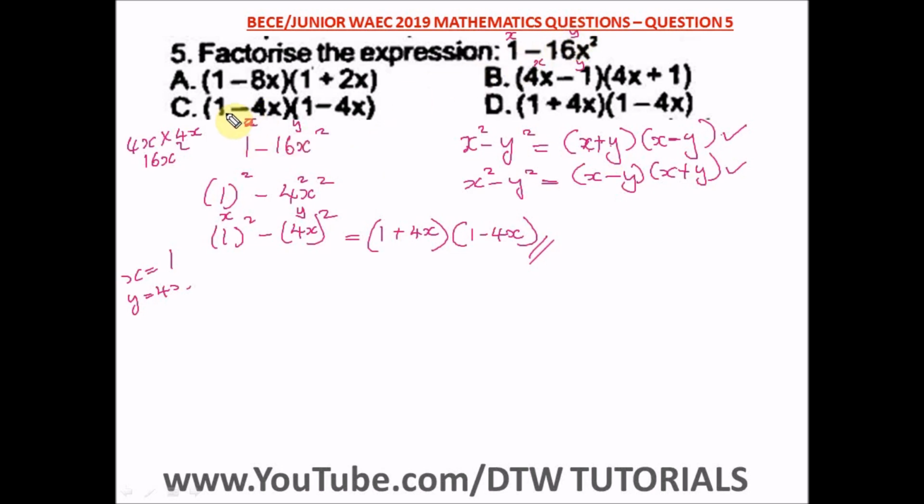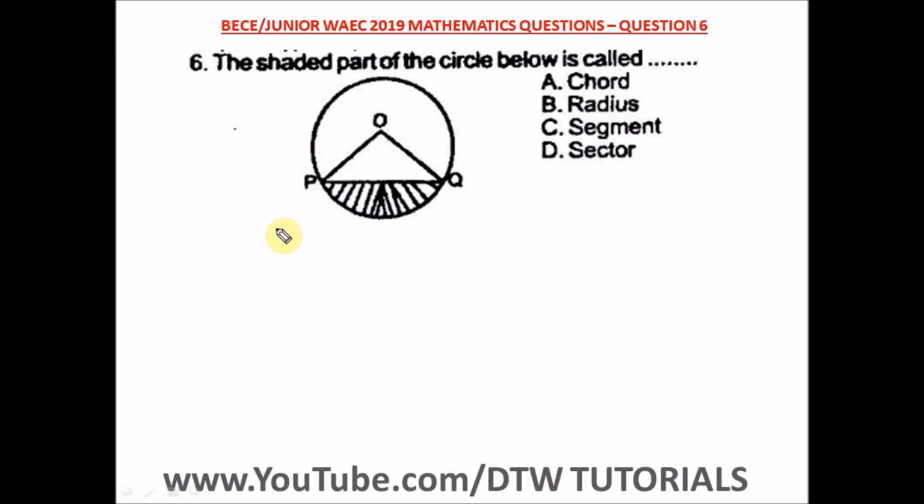Okay, so this says 1 minus 4x. No, as I told you, in your difference of two squares, in one of the brackets the sign must be what? A positive. Okay, now this is our answer. Our answer says 1 plus 4x and 1 minus what? 4x. So this is our answer. Our right option is what? Option D.